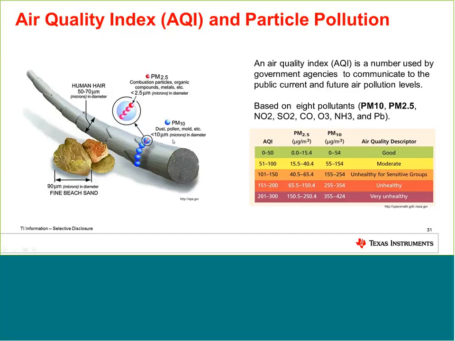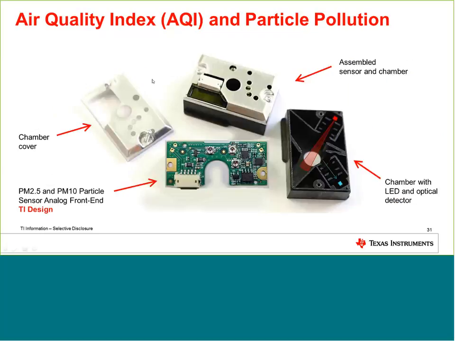You can see the dust, pollen, and mold that enter in the region of PM 10, particles 10 micrometers in diameter. Fine beach sand is at around 90 micrometers, almost 100 micrometers in size. So this is just giving you an idea of how big these particles are.